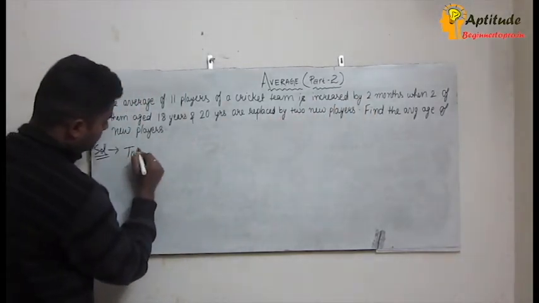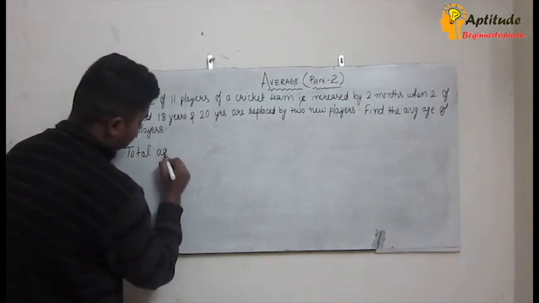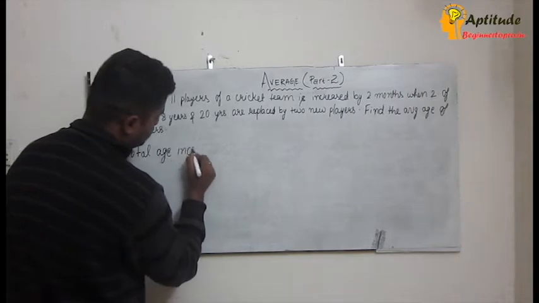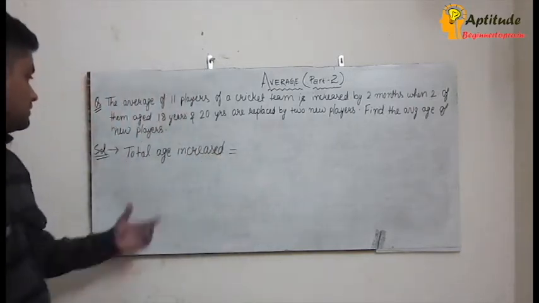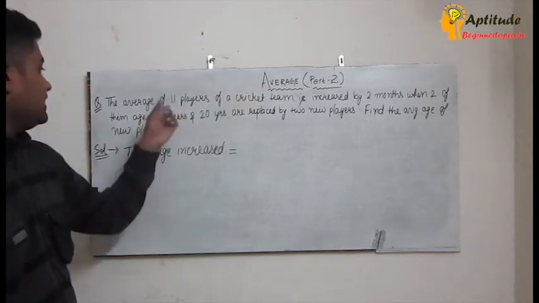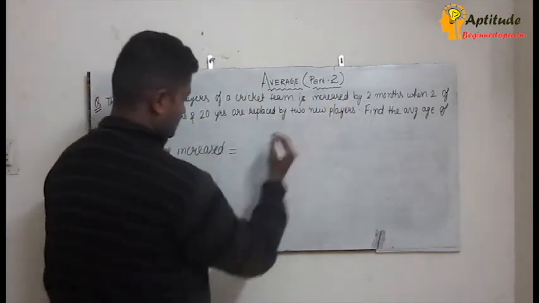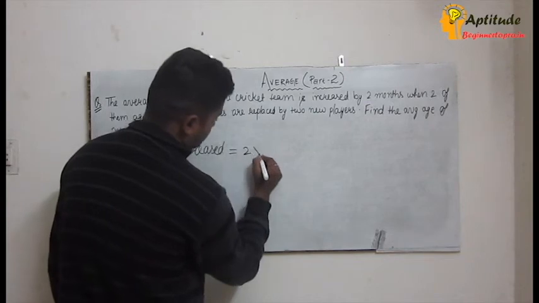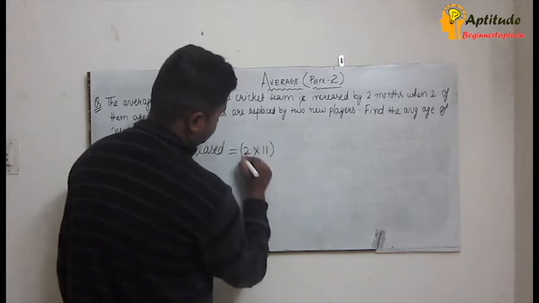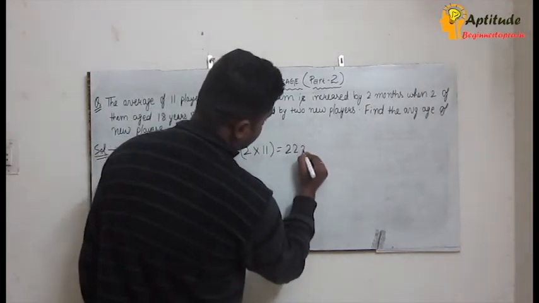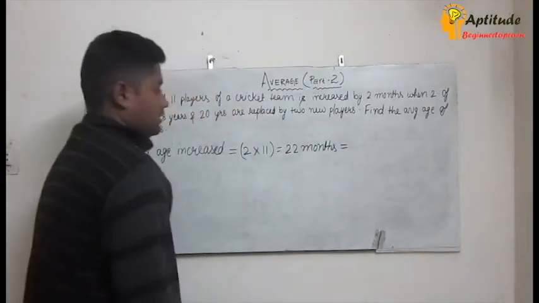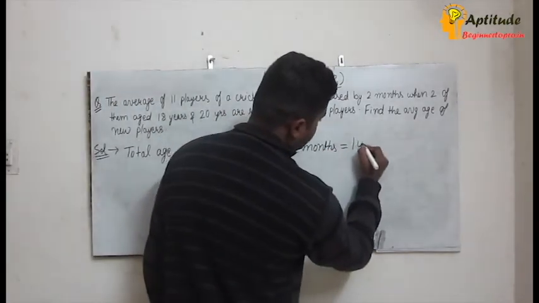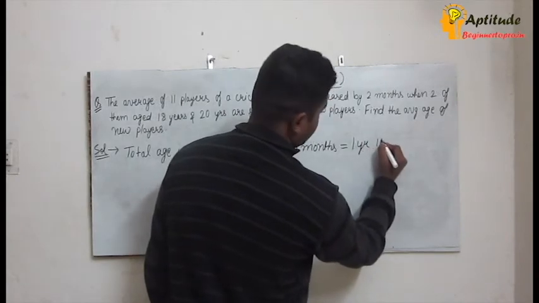So the total age increased by how much? This is the total age of 11 players, which is increased by 2 months into 11, which equals 22 months, which is nothing but 1 year 10 months.